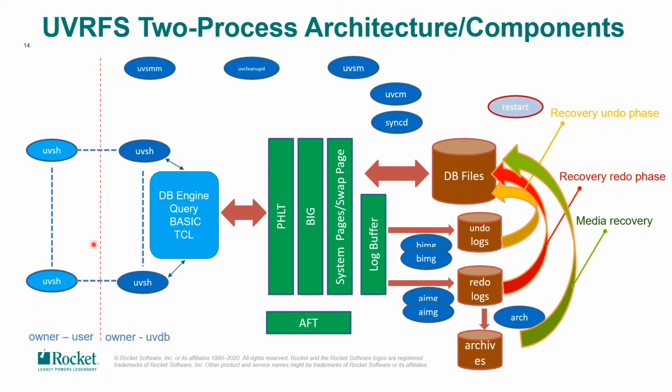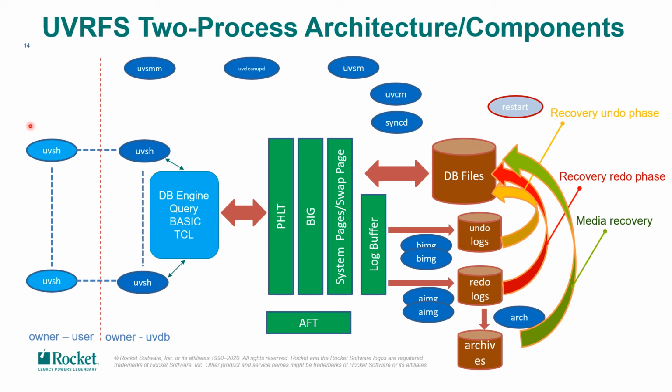On the right side of this bar, all the ownership of the processes and the IPC facilities are owned by the UVDB user, which is a new UniVerse database user. You have to set it up.